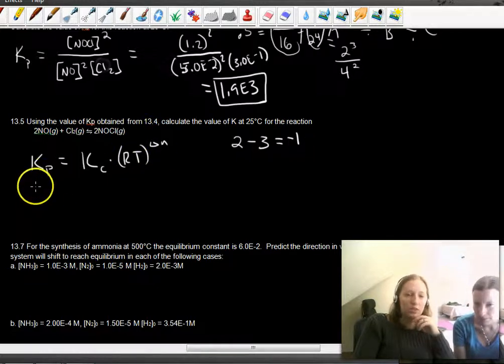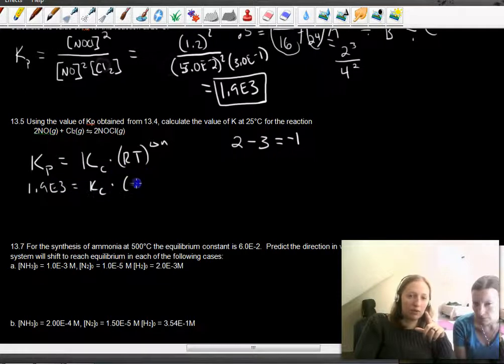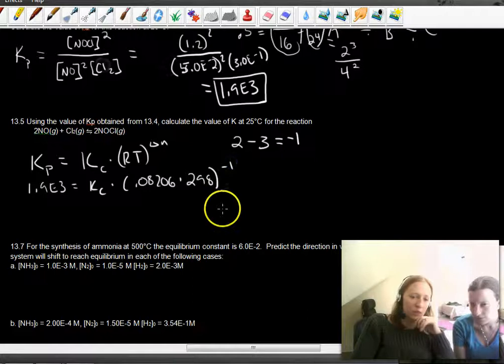So our Kp, which we know, is 1.9 E3 equals Kc times 0.08206 times temperature in Kelvin, which is 273 plus 25, so 298, to the negative first power. That means you're going to have to find this number and then divide by it. Algebra.